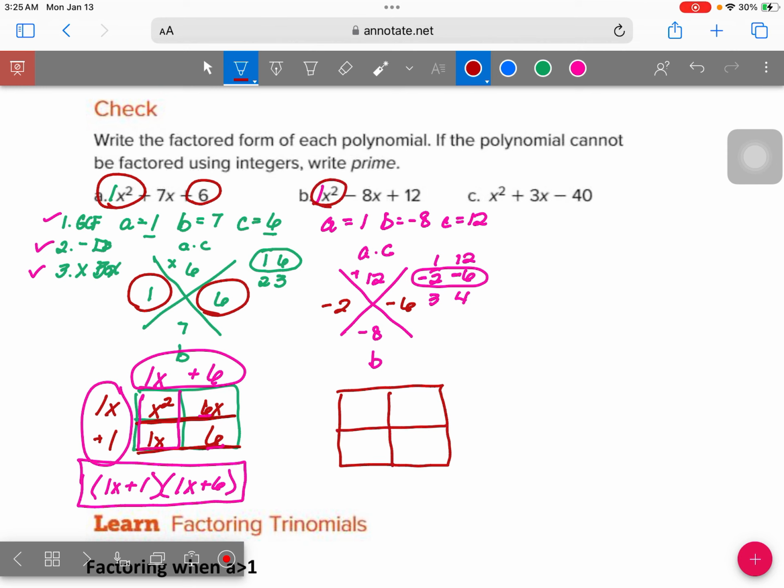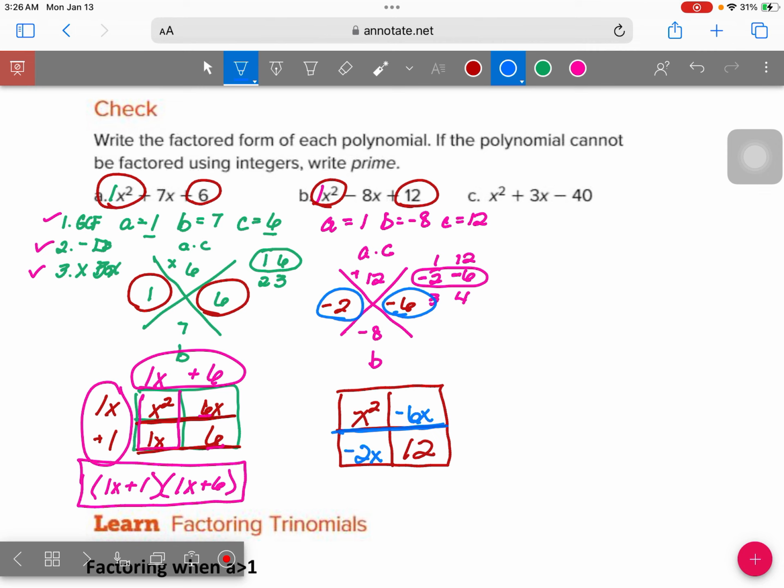So putting my box together, first term goes in the first box, last term goes in the last box, and the two that we just found, multiplied by the variable x, go on these diagonals. So the greatest common factor of 1 and -6 is going to be 1, which I'm not going to write down now. You'll get to seeing these more eventually.